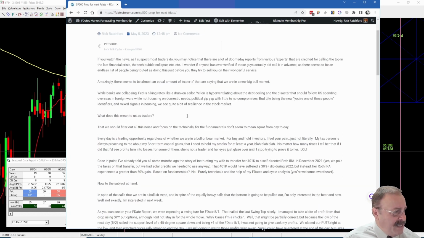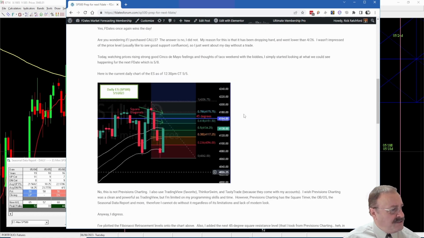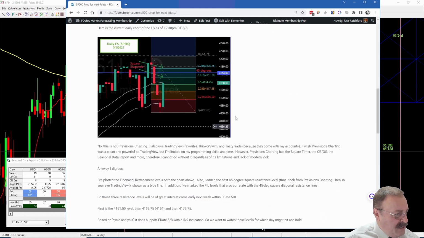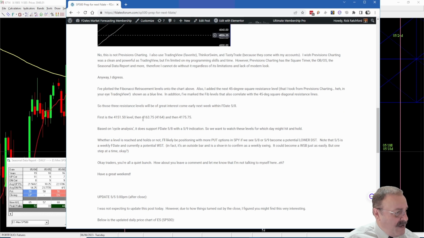A lot of yada here, but you'll see that I have this daily chart of the S&P 500, and I'm pointing to 3 possible resistance areas. There's an arrow pointing to this fib resistance at 41.75. There was one at 41.51, and then this line here, 41.64. I couldn't get it granularly down to 43.75, but I did happen to note it right here.